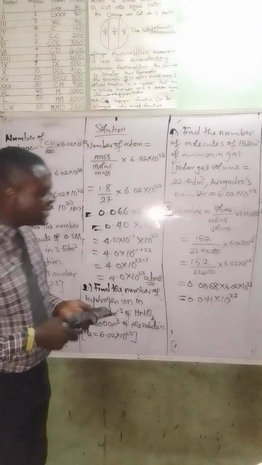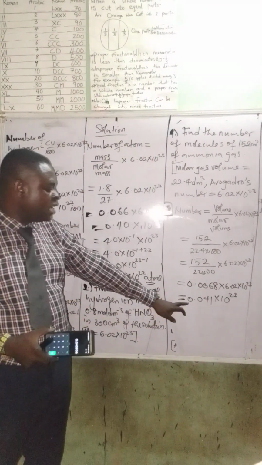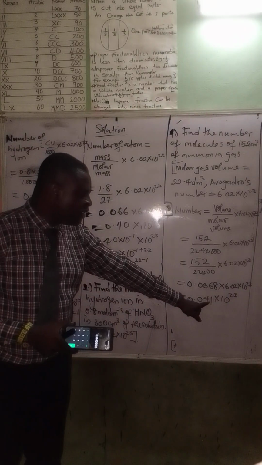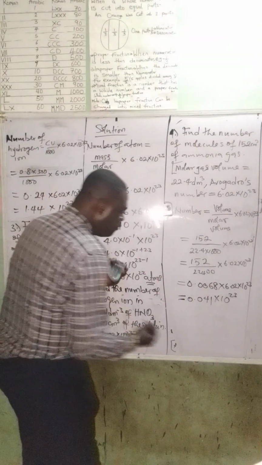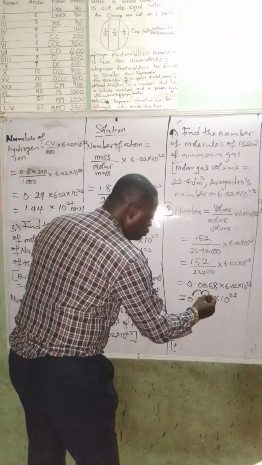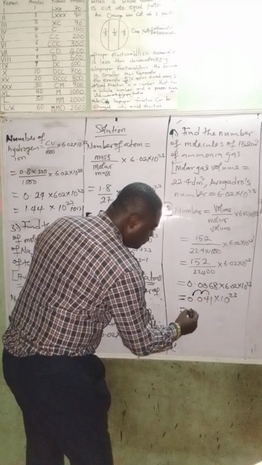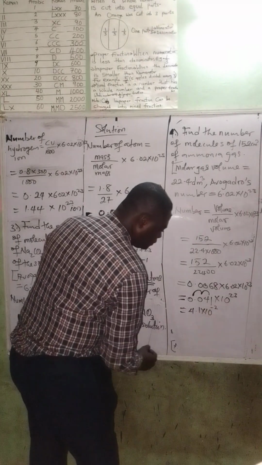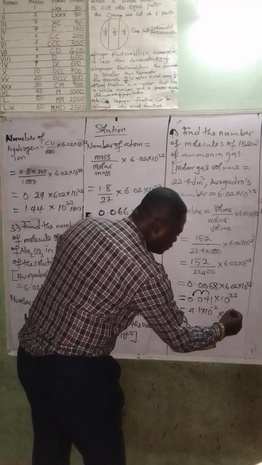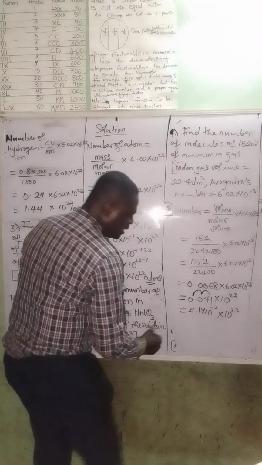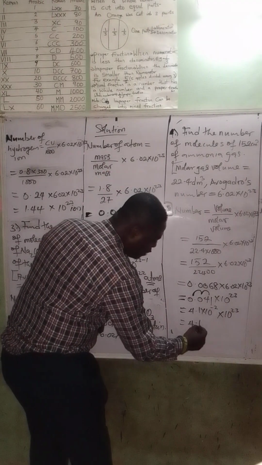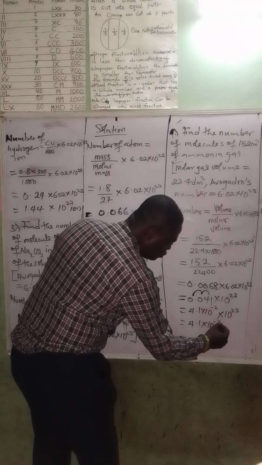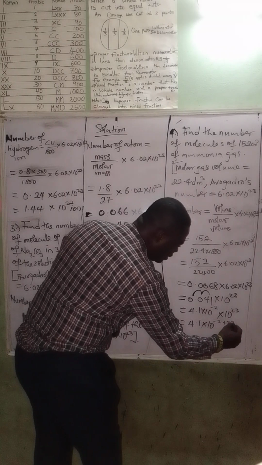Why are we not leaving our answer like this? Don't leave your answer when you have 0 point something. So your point must be after the first number. So when we move 1, 2, this one is the same thing as 4.1 times 10 to the power minus 2. Then we also have 10 to the power 23 here. This one is equal to 4.1 times 10 to the power, minus 2 plus 23.